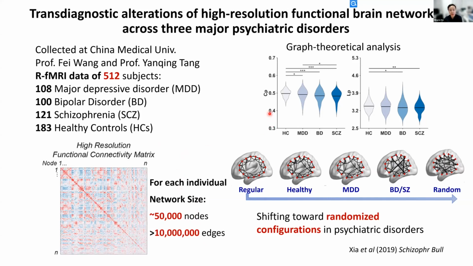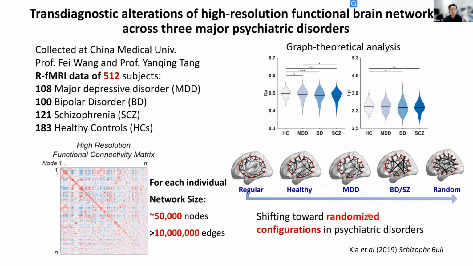We found a significantly lower local clustering coefficient and characteristic path length in all three disorders. This suggests reduced local efficiency, but increased global efficiency of the patient's functional brain network. These results support the notion of the randomized configurations of functional connectome in psychiatric disorders.